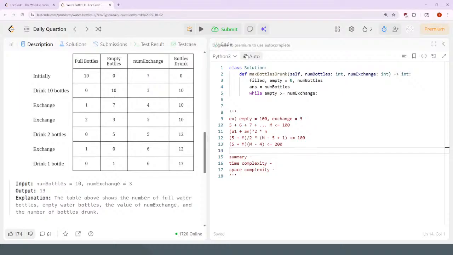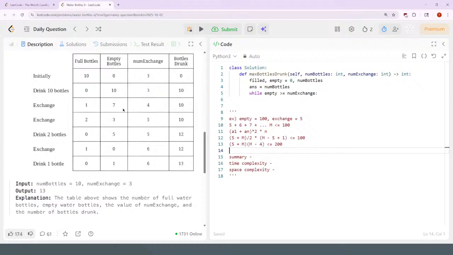How did this thing actually stop? So 10 empties, and then you exchange 10. I see. So when you make that exchange from 10, the exchange reduces the total number of bottles by 1 less than the exchange.